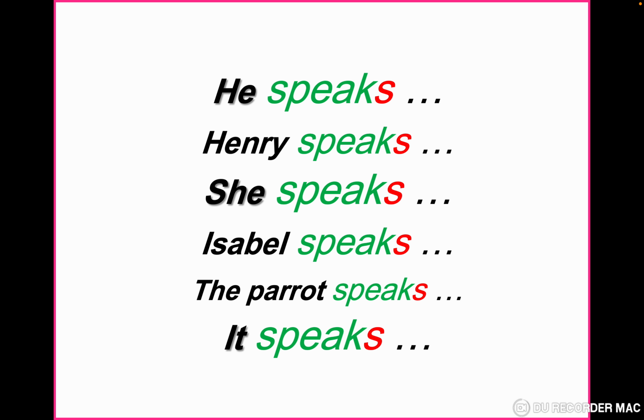He speaks. If you write he speak, it's not correct. Henry speak is not correct. So you need to write Henry speaks. She speaks. Isabel speaks. The parrot speaks. It speaks. I use the parrot just in this slide or another slide, and we are going to use just he and she and the names of men and women.